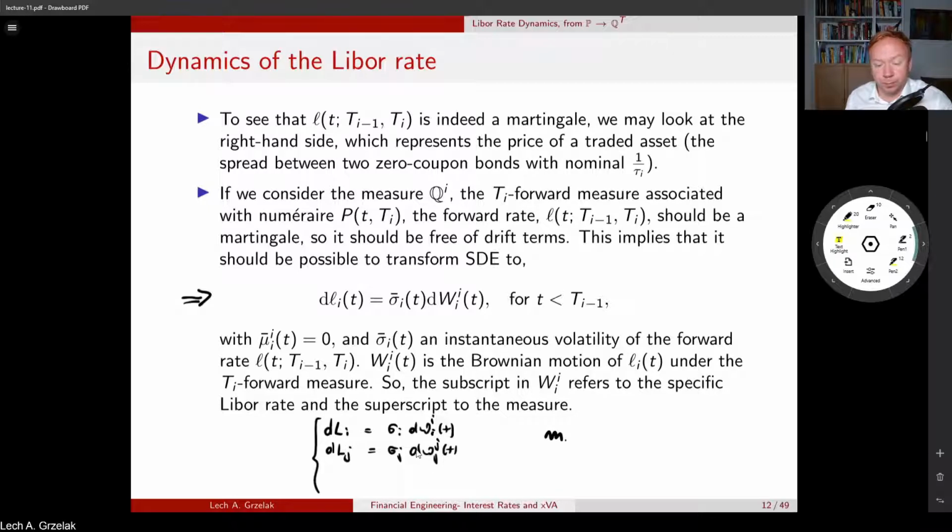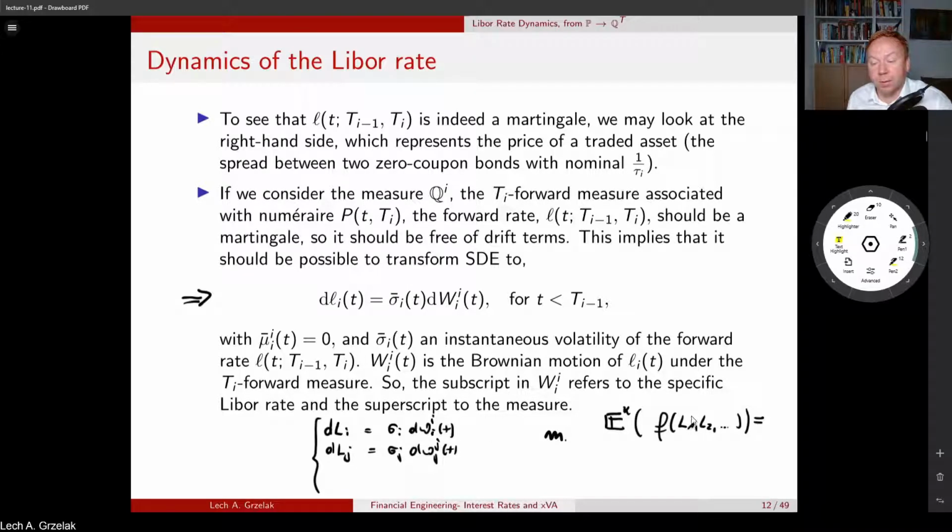In this way they're rather useless, because if we have an expectation under some measure, let's say k, and some payoff function f of Libor 1, Libor 2, and so on, and we would like to calculate this expectation, we cannot simply take the solution for each Libor and plug it into the expectation.